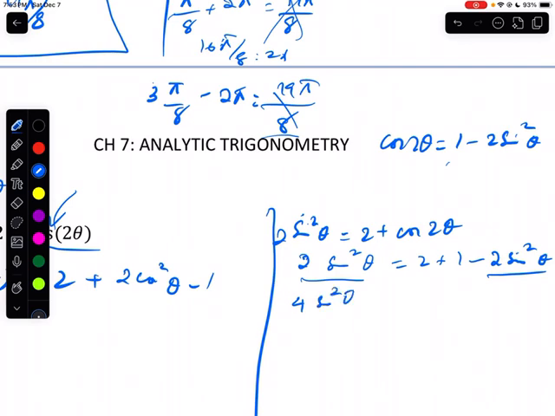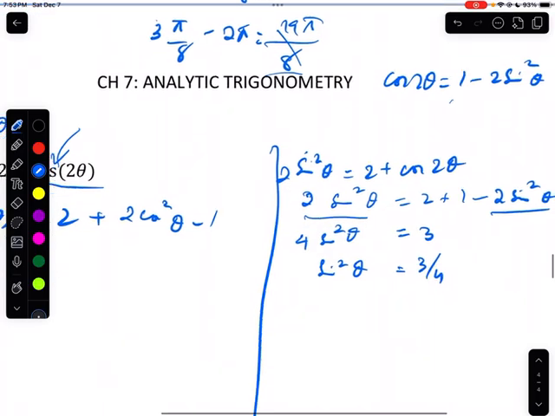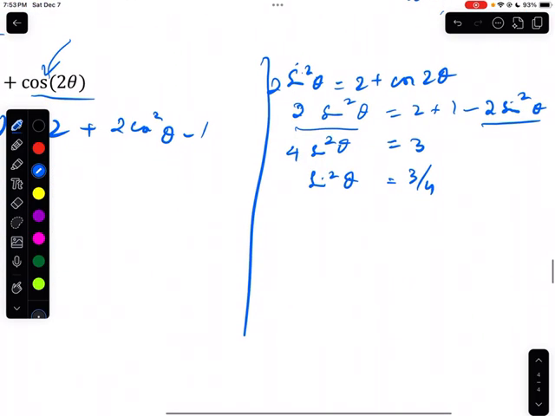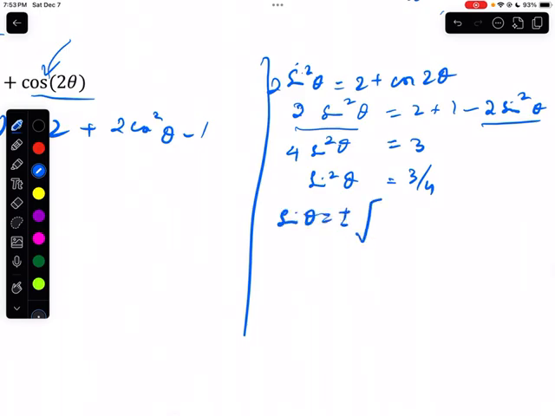And then here we get 3, which we can now write as sine square theta equals 3 over 4, or sine of theta will be equal to plus minus square root of 3 over 4, which gives me sine of theta is equal to plus minus square root of 3 over 2.